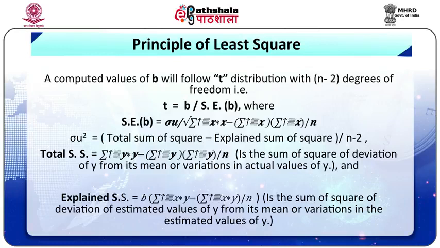the sum of squares of deviation of y from its mean, or variations in actual values of y, and explained SS is equal to b times summation xy minus (summation x)(summation y) upon n, the sum of squares of deviation of estimated values of y from its mean, or variations in the estimated values of y.